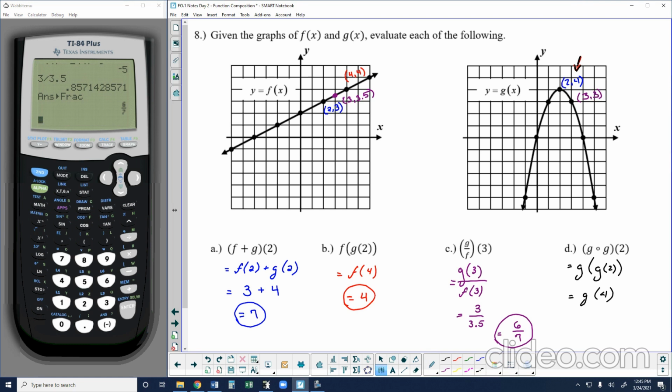So now we can replace g of 2 with 4 because we can see g of 2 is 4. So what I do now at this point is go back to the graph and look for g of 4, where the x value is 4. The corresponding y value is 0. So the result of g of g of 2 would be 0.